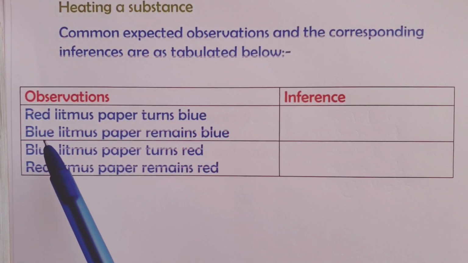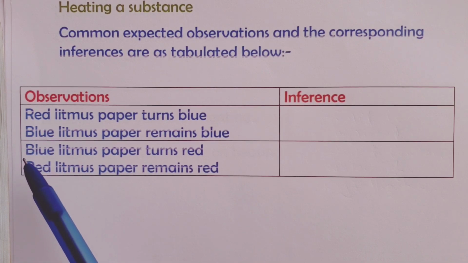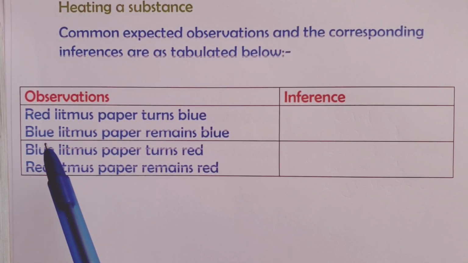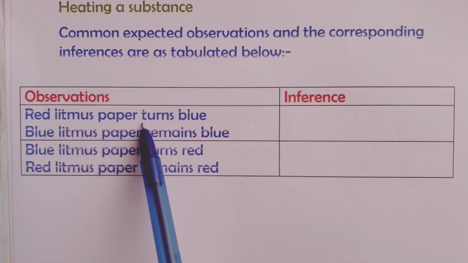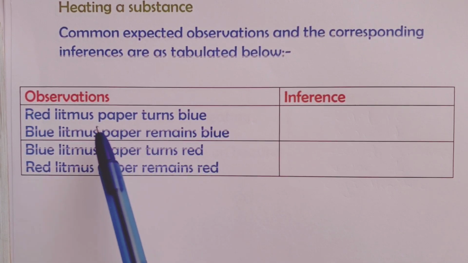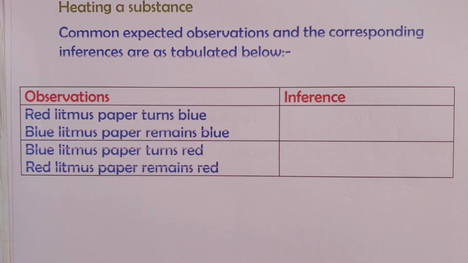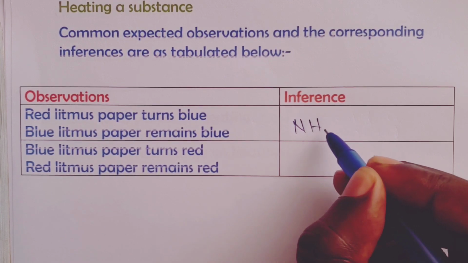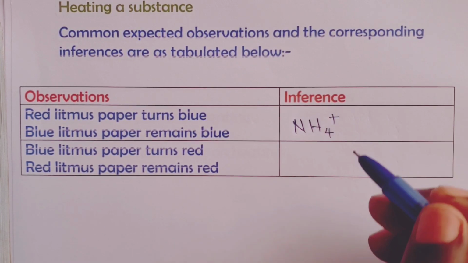Now, if a candidate observes, and this happens when the instructions are clear, that as you heat, you put some moist blue and red litmus papers at the mouth of the test tube. So if we observe red litmus paper turning blue and blue litmus paper remaining blue, the inference that a candidate should make is that your salt contains ammonium ions.